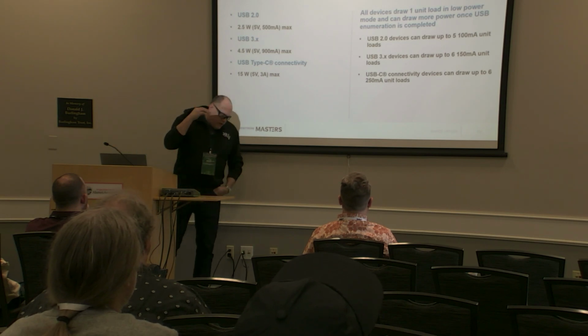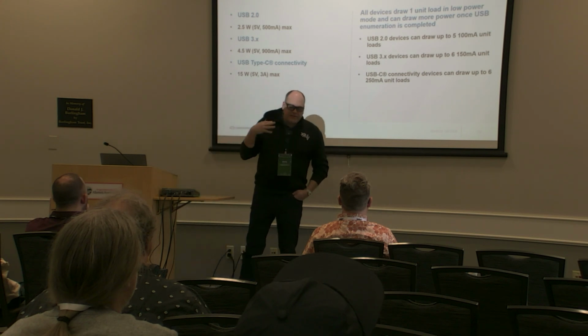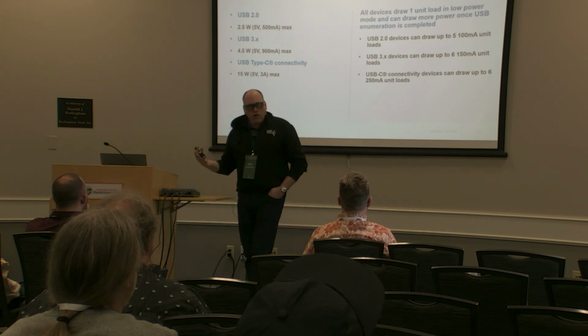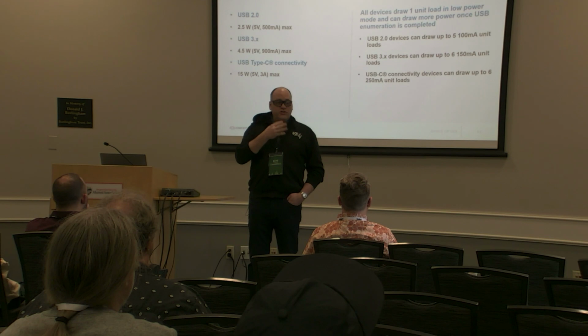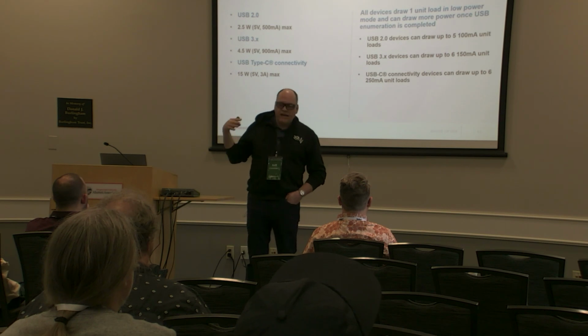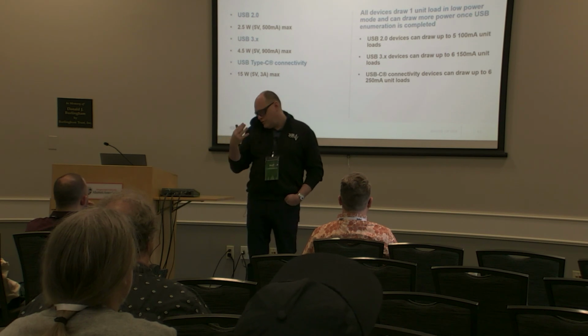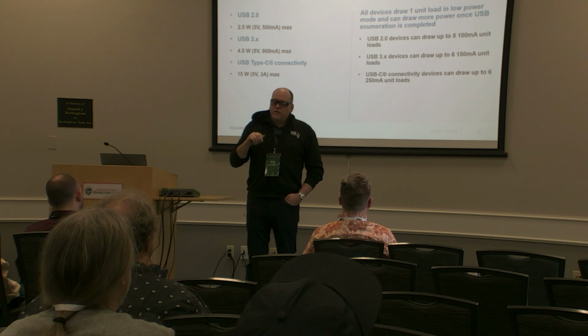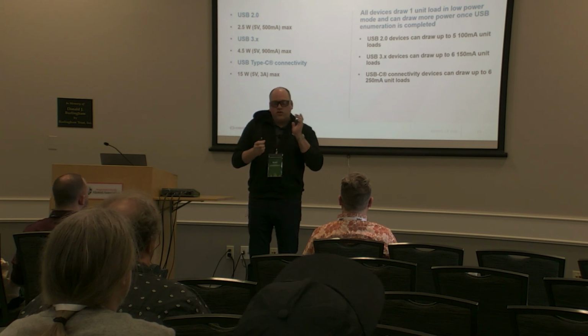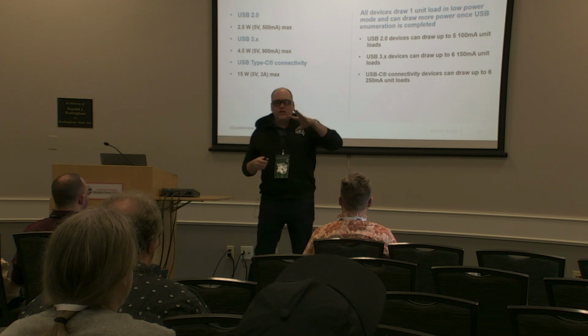Now, the thing to know about USB power for all the various iterations, USB 2, 3, whether it's on an A connector or a C connector, is that USB does power in unit loads.